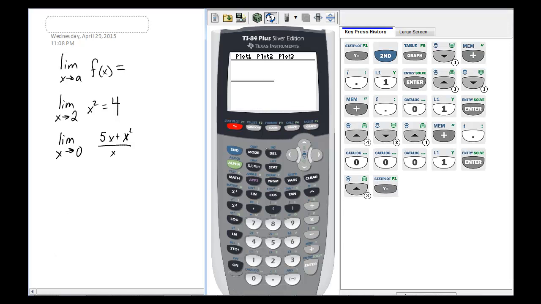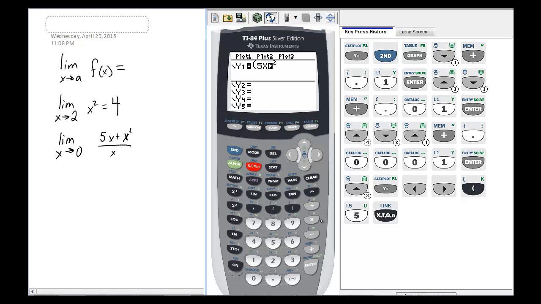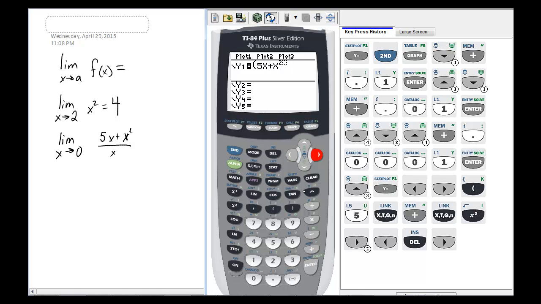Let's first look at the calculator. We'll go back into our y equals. So we're going to go back into 5x plus x squared, and then divide it by x.